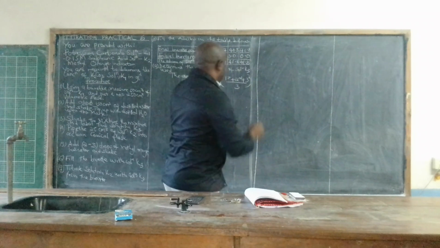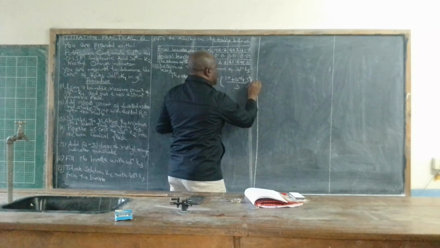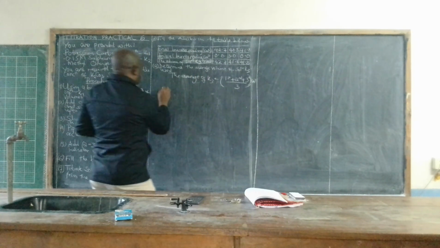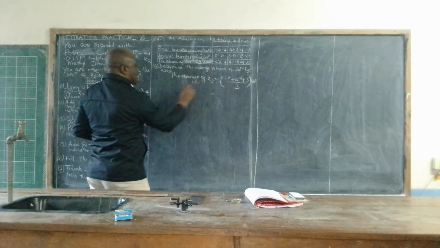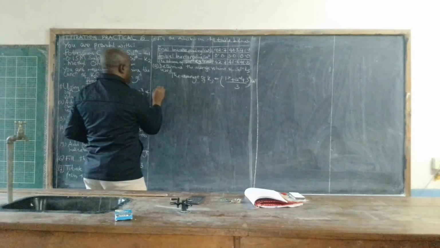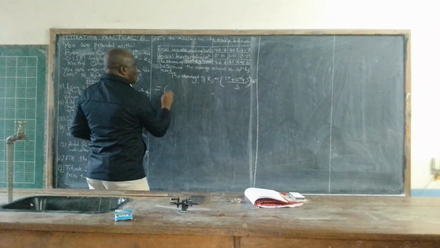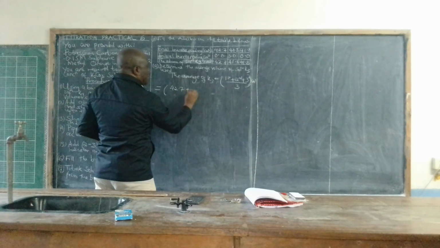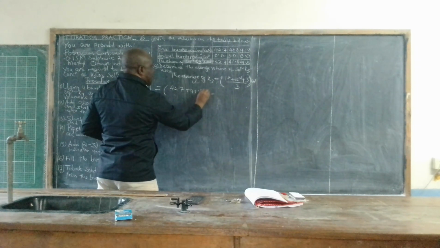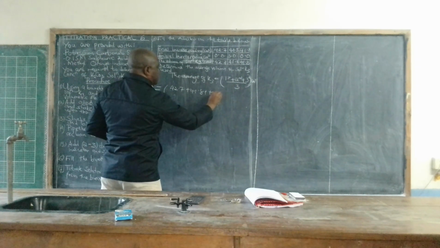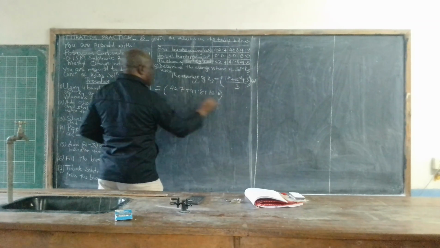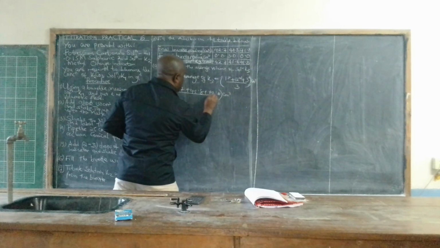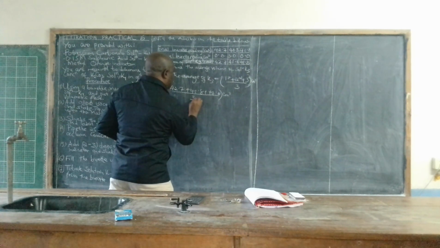So we write here cubic centimeters. For us to minimize the space, we say this is equal to 42.7 plus 41.8 plus 41.8. Then we divide everything by 3.